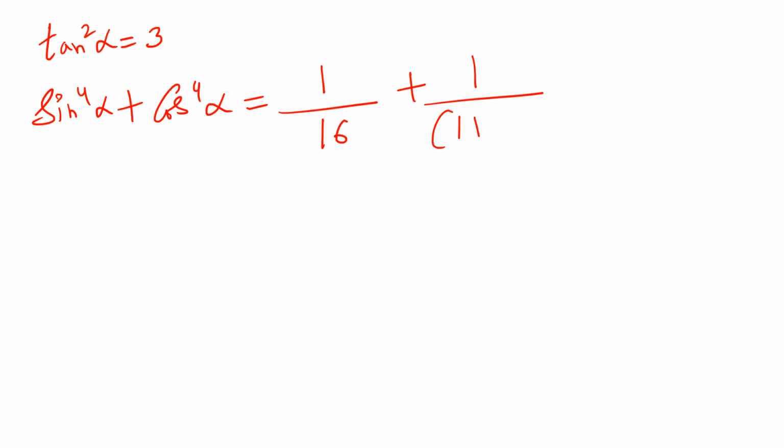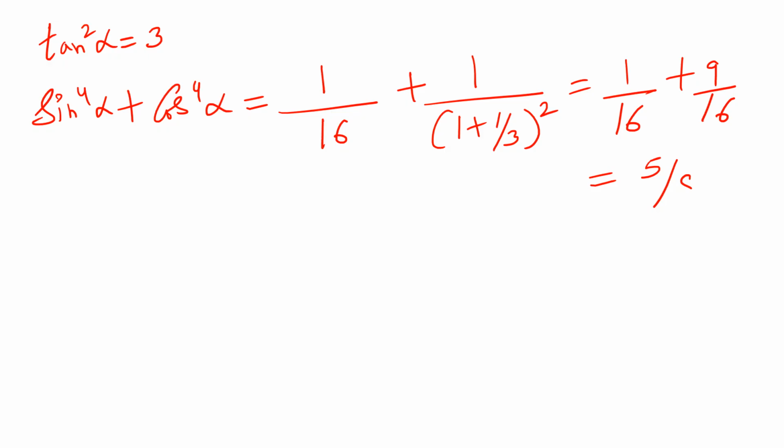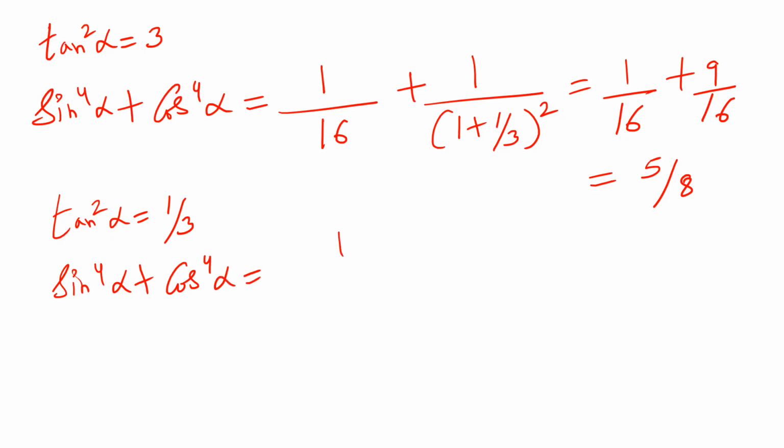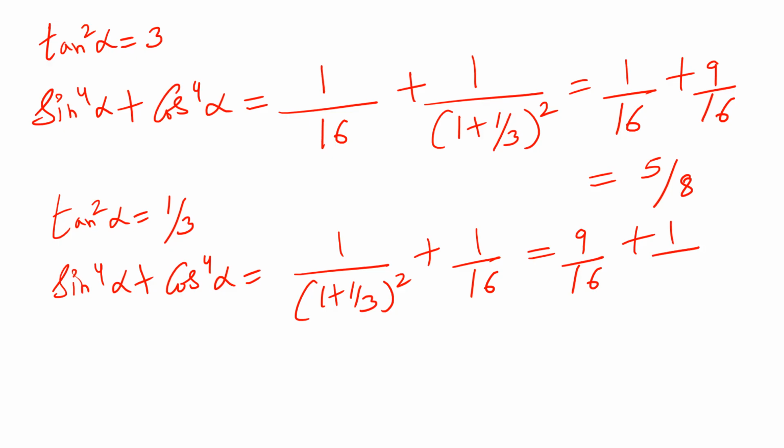So this becomes 1/(1 + 1/3) whole square, or this becomes 1/16 + 9/16. And this is 10/16. Finally, this is 5/8. Now, if I take tan square alpha equal to 1/3, then the value of sin^4 alpha + cos^4 alpha becomes 1/(1 + 1/3) whole square + 1/16. And this becomes 9/16 + 1/16, or again 5/8.